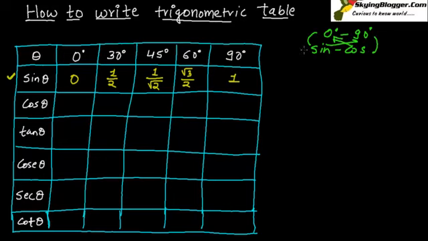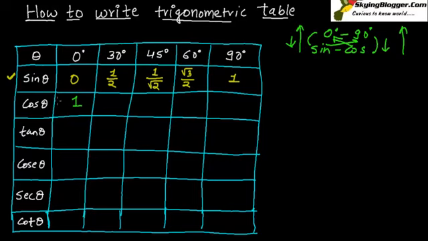As the sine increases, cos will be decreasing, and when cos increases up to 90, sine will be decreasing. So since sine 90 equals 1, cos 0 will be 1.